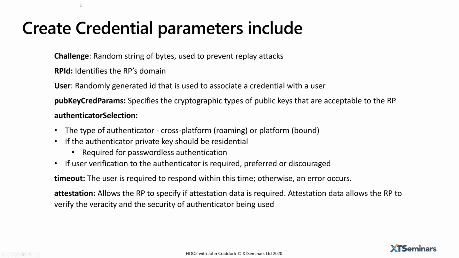Now, when we do the initial registration for the second factor, what can happen is the authenticator can generate the private key. It can then wrap it by encrypting it again with a key that is just known to the authenticator.